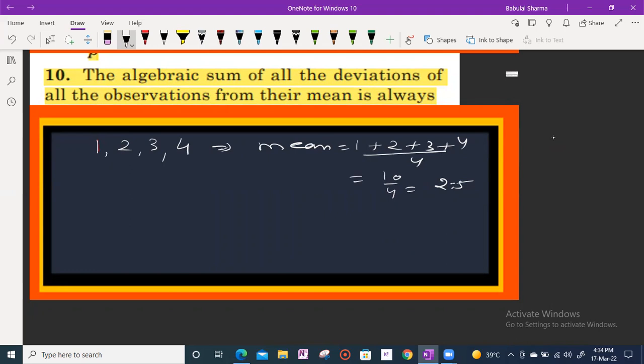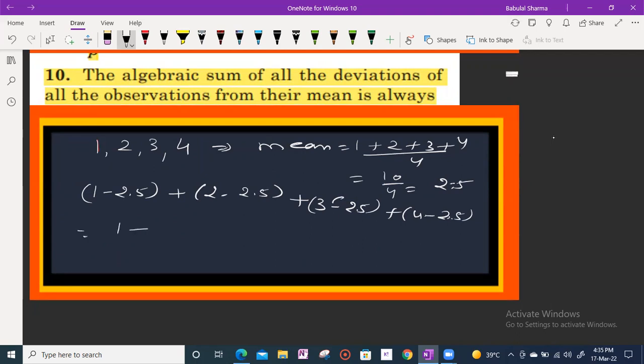क्वेश्चन ये है, मैंने आपको एग्जांपल के थ्रू समझाने की कोशिश की है कि जो इनका डेविएशन है, मीन से जो डिफरेंस है ऑफ ऑल द ऑब्जर्वेशन फ्रॉम देयर मीन इज कितना होना चाहिए. देखिए, फर्स्ट ऑब्जर्वेशन इज 1 minus 2.5. सेकेंड वी कैन से 2 minus 2.5. थर्ड इज 3 minus 2.5 and then 4 minus 2.5. हर ऑब्जर्वेशन से मीन को सबट्रैक्ट करिए.